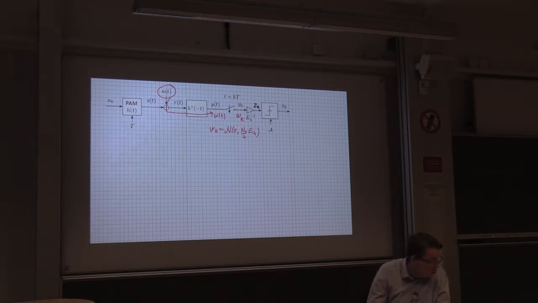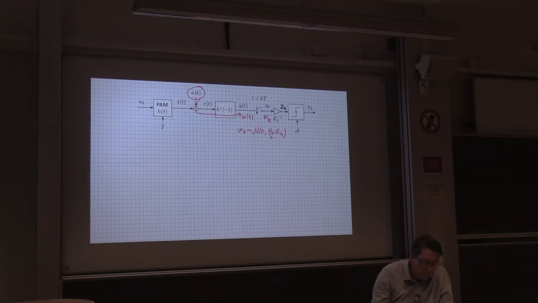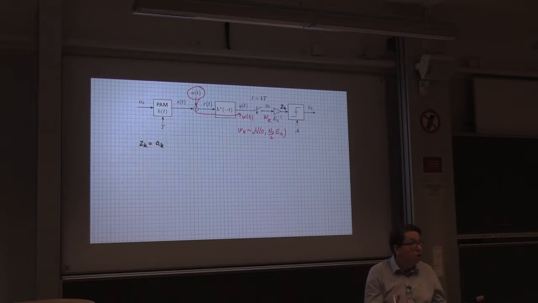So what is the input to the slicer device? z of k is equal to a of k, assuming that h is a root raised cosine pulse, a root Nyquist pulse, which we assume, so there is no intersymbol interference. And then it's plus the noise contribution.